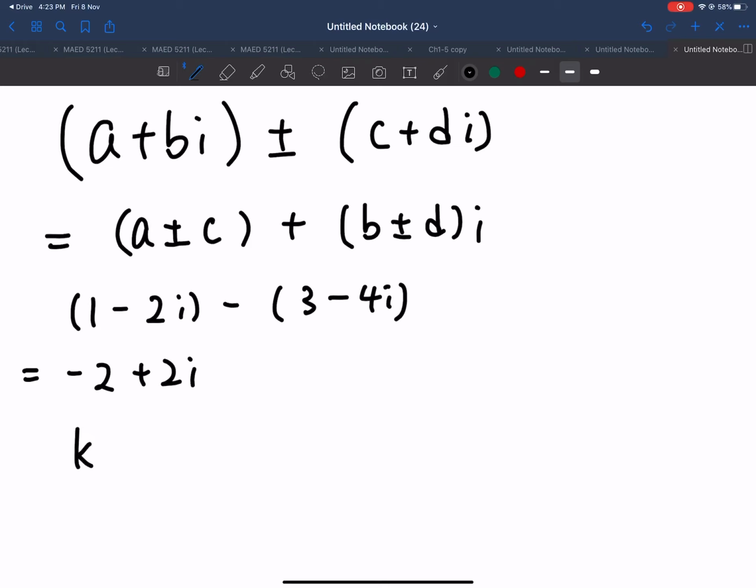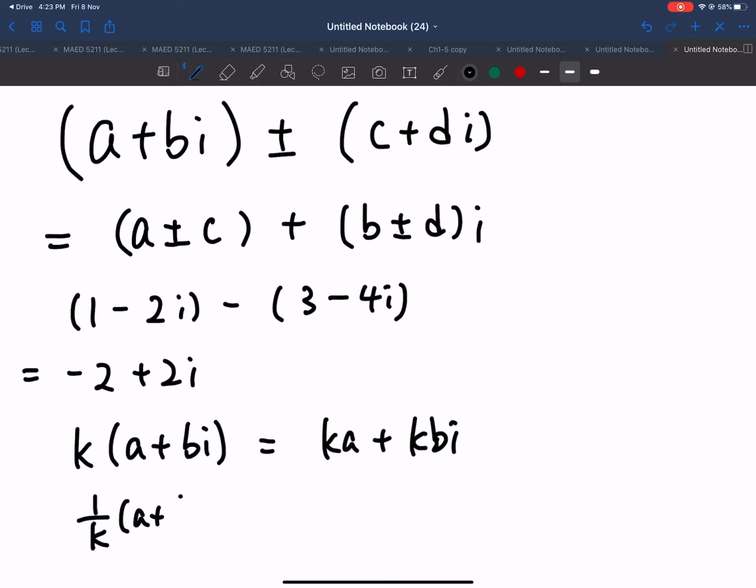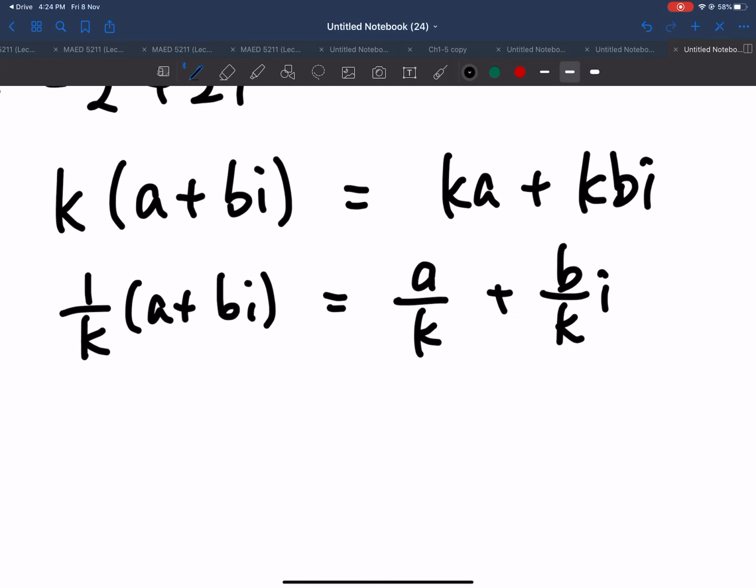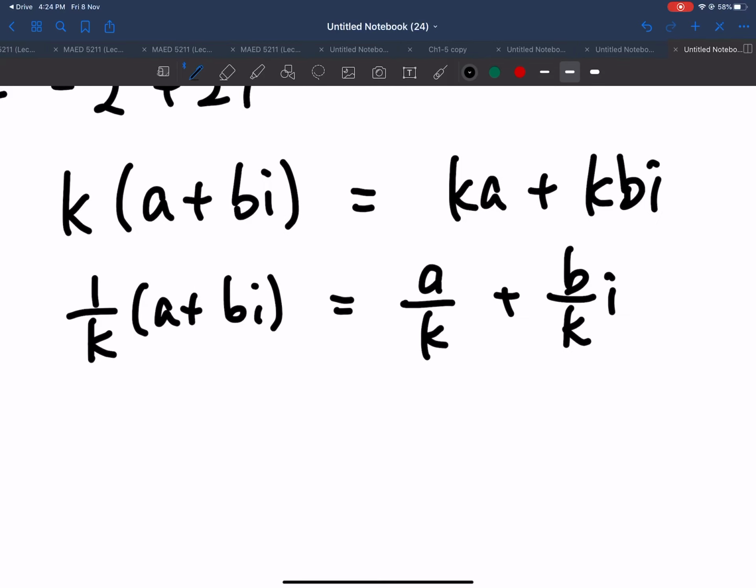So if there is a constant outside, you just do the same thing as you consider i as an unknown. Okay? That's simple. If you understand it, you don't need to copy it because it's so simple.